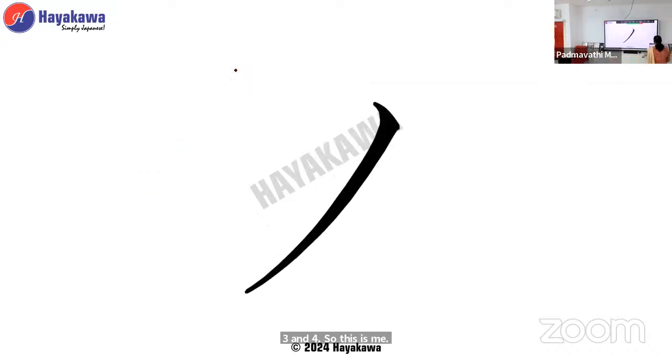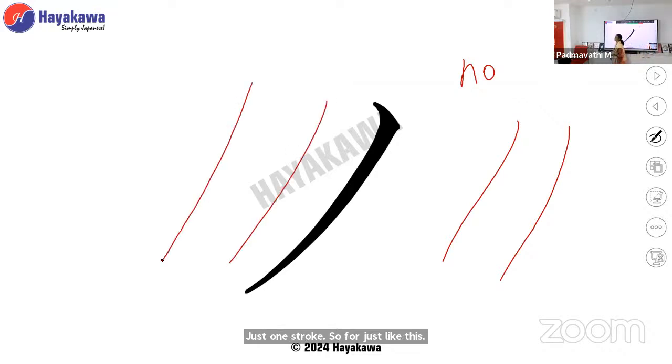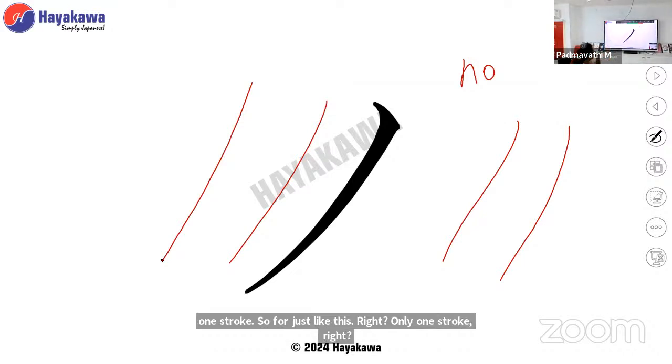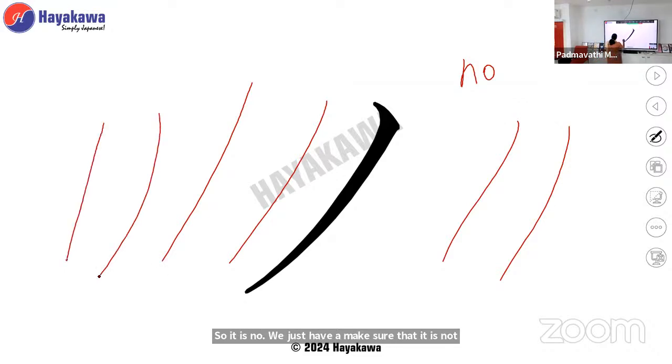Finally, no. No is just 1 stroke, like this. Make sure that it is not a straight line. Slightly curved is okay, but don't make it completely straight, because it will look like a slash.